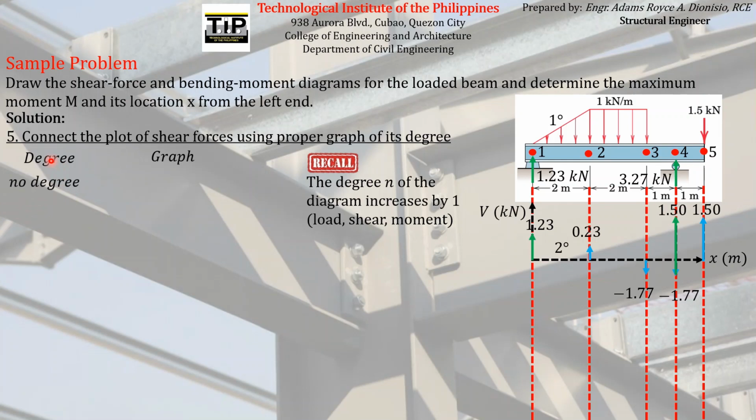So say for example, we have no degree. 0 degree is different from no degree because 0 degree actually has a degree which is obviously 0. But a graph can also have no degree. And usually the graph that has no degree is actually points, just like that. So the graph of points actually has no degree.